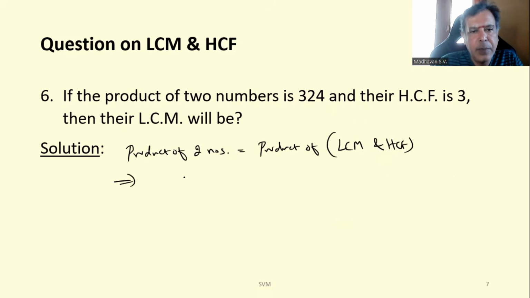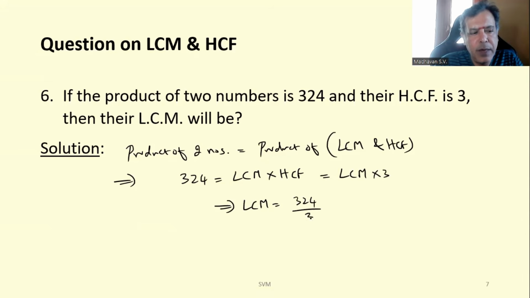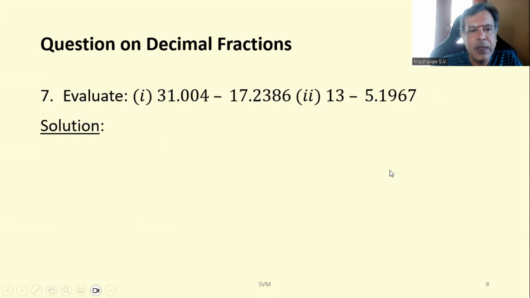The product of two numbers is given as 324, which is equal to LCM into HCF. LCM we have to find, HCF is given as 3, which means our LCM will be 324 divided by 3. We get 108 as the LCM. That is the solution. Let us move on to the next.